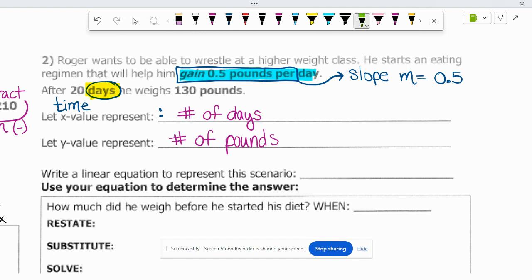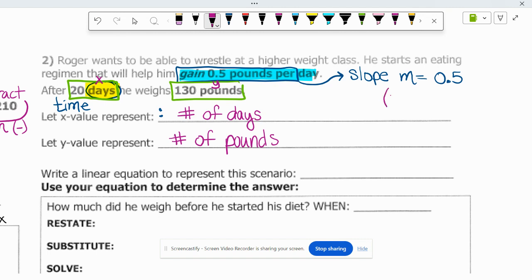The only other information that we have in our word problem is 20 days and 130 pounds. 20 days sounds like an X coordinate. 130 pounds sounds like a Y coordinate. So what does that mean? That means we have an ordered pair.